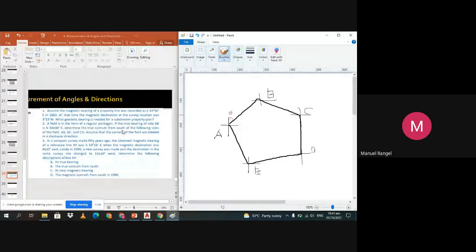Determine the true azimuth from south of the following sides of the field: AB, BC, CD. Assume that the corners of the field are labeled in a clockwise direction. So this one does not involve magnetic declination.